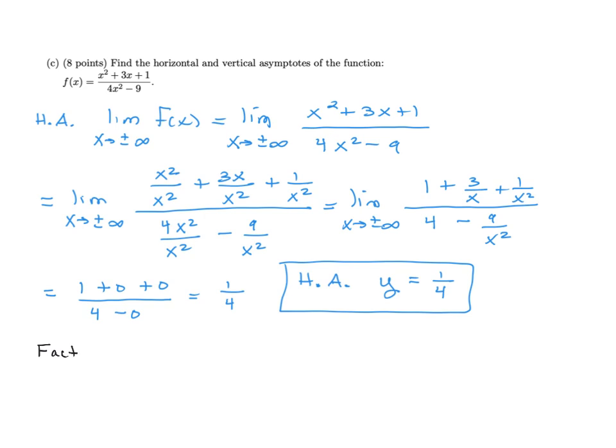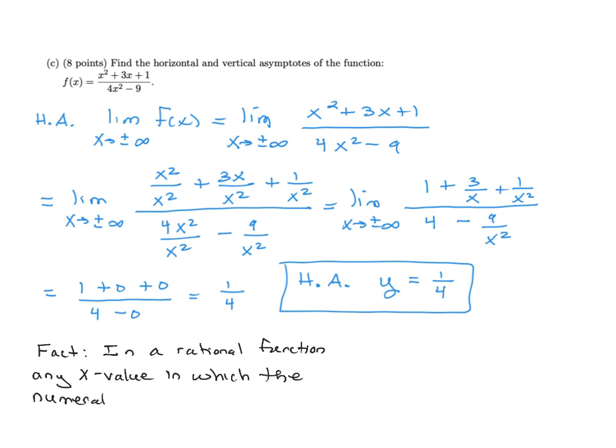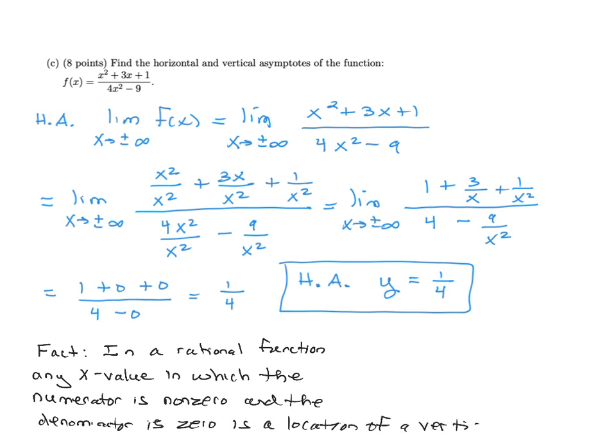So the fact is, in a rational function, any x value in which the numerator is non-zero and the denominator is 0 is a location of a vertical asymptote.